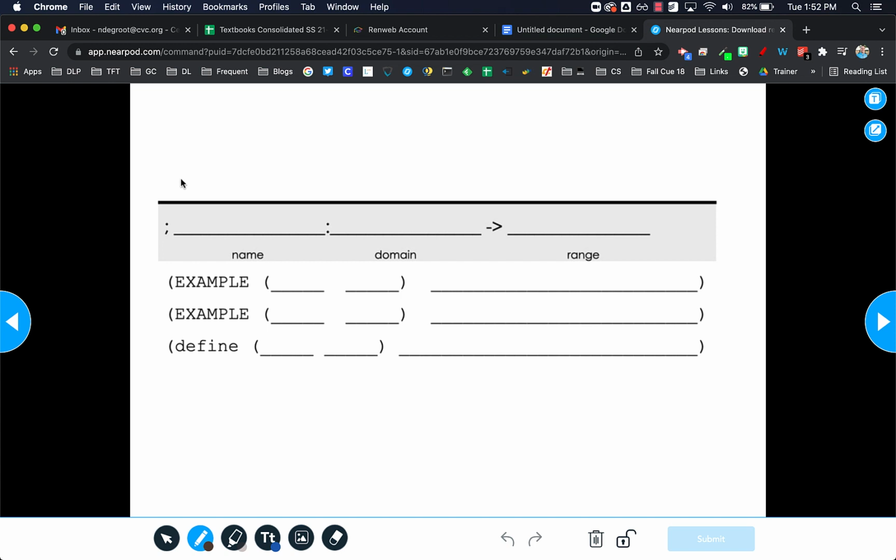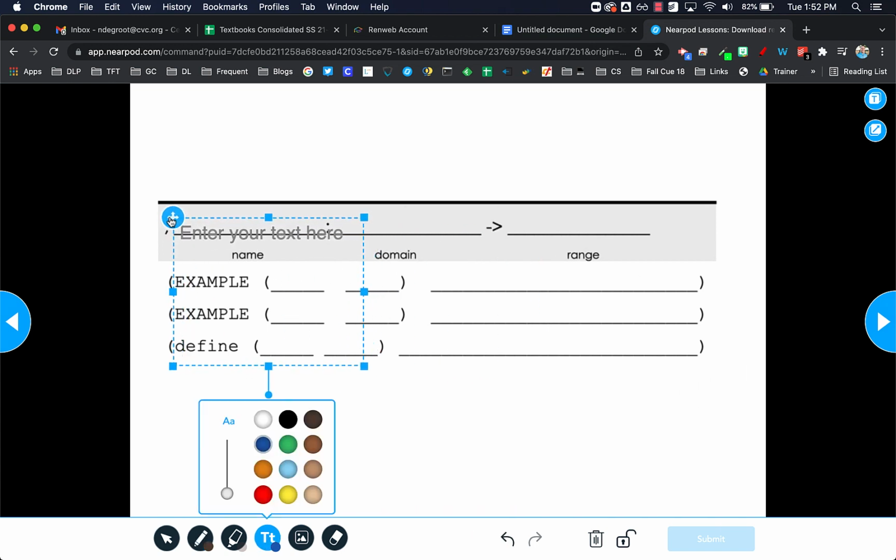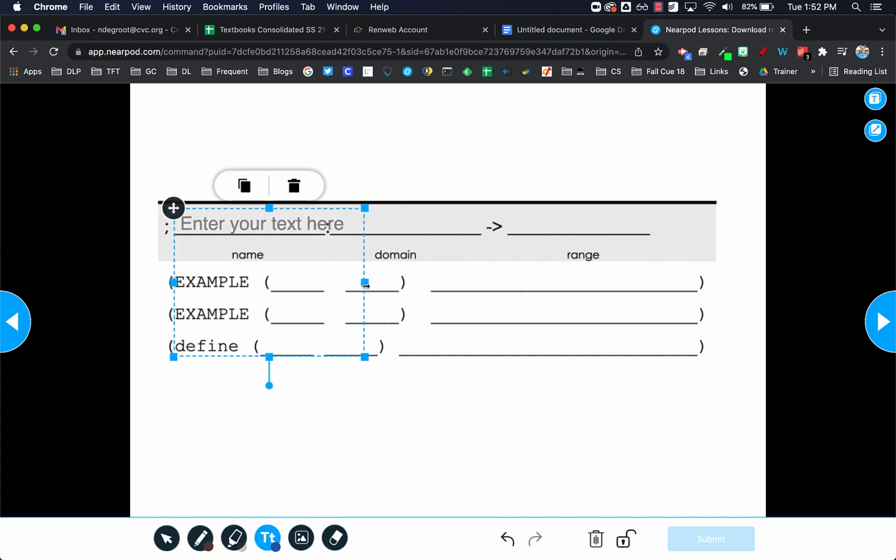start with our next example that we did called blue circle, or BC. So our problem was we needed to write a function called BC that takes in a number and produces a blue circle of that size. So what we did is we made a text box right here, and we filled out our contract statement.